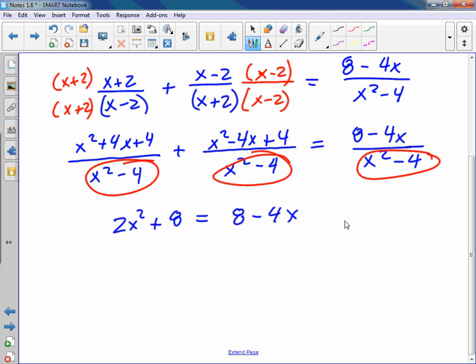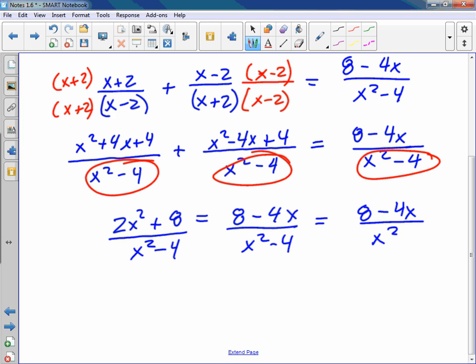Oh, that's what I'm saying, Sean. That's what I'm saying. Because if you have this, I'll do it long term. It's fine. No, that's fine. It's fine. Equals 8 minus 4x over x squared minus 4.